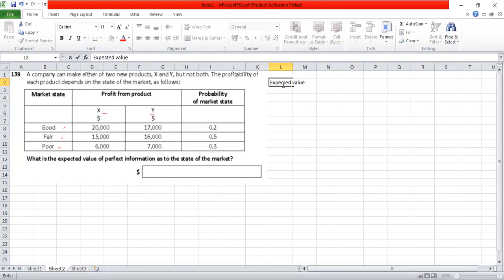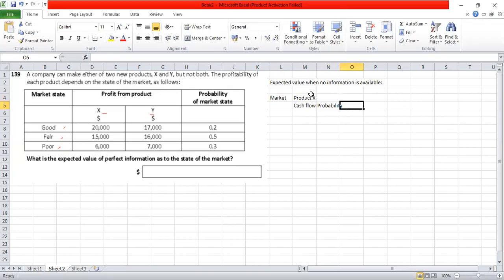Expected value when no information is available. So as simple, we take all the variables as they are and then find out what is the expected value. Cash flow, then we have the probability.